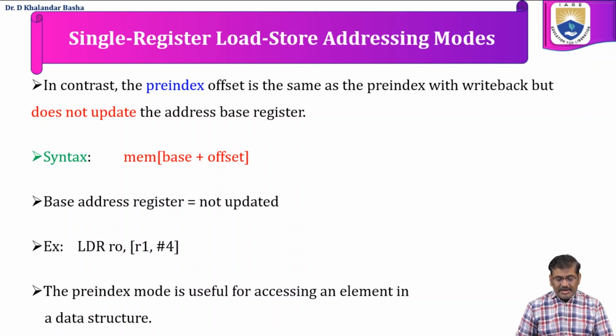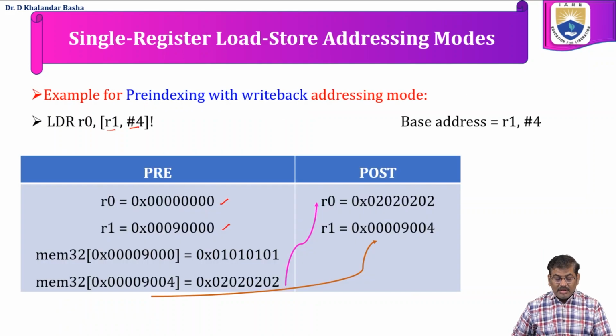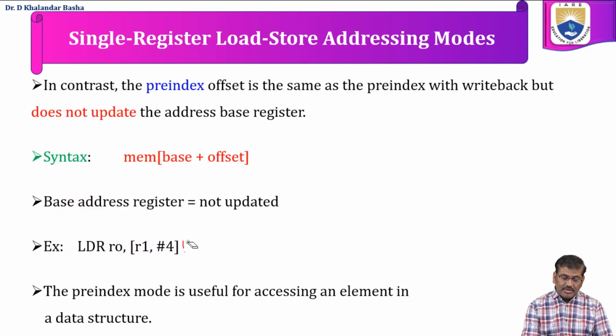The pre-index mode is useful for accessing an element in a data structure. So after this memory address, if an exclamation mark is there, then it is pre-indexing with write back. If we don't have this exclamation mark, it indicates it is not with write back.